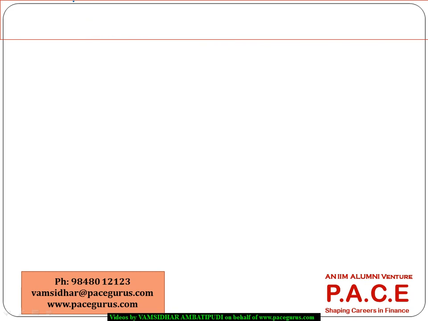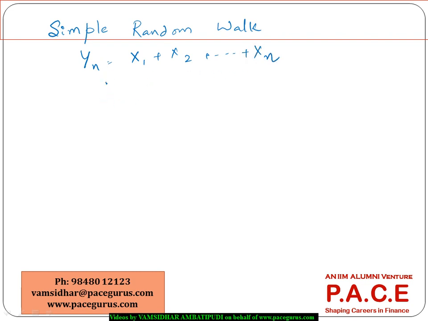Right? Now, if I look at a few more aspects, simple random walk, some kind of Markovian processes. If I am talking about a simple random walk kind of a process, where we have defined Yn as nothing but X1 plus X2 plus so on up to Xn, and of course the probability of Xi equal to 1 and Xi equal to -1 goes with p and 1 minus p.